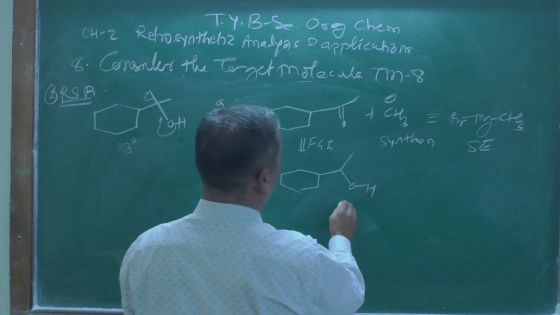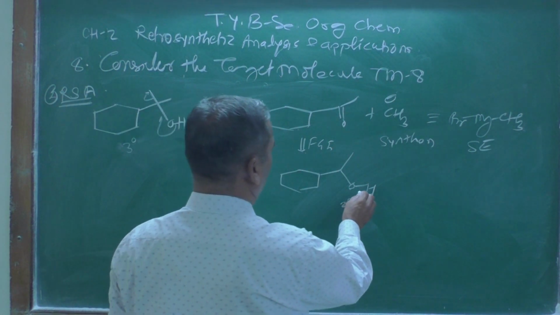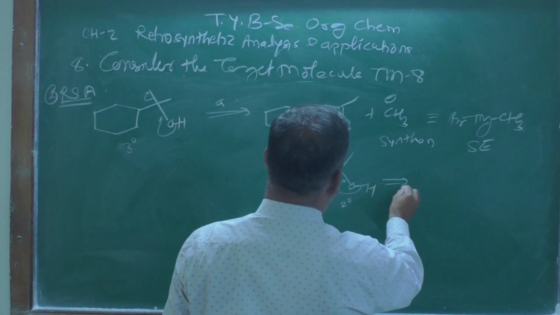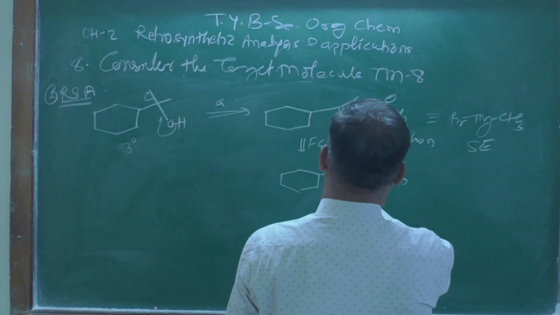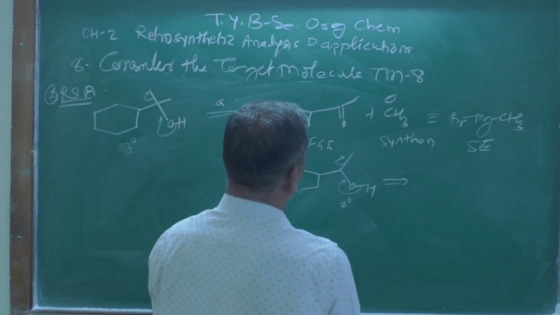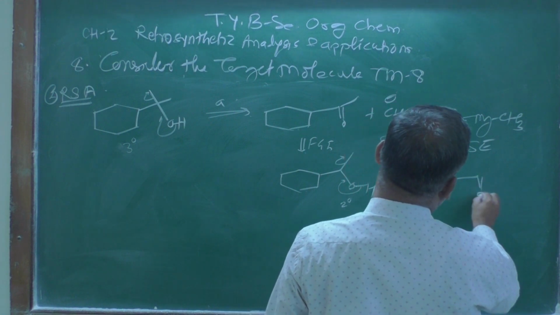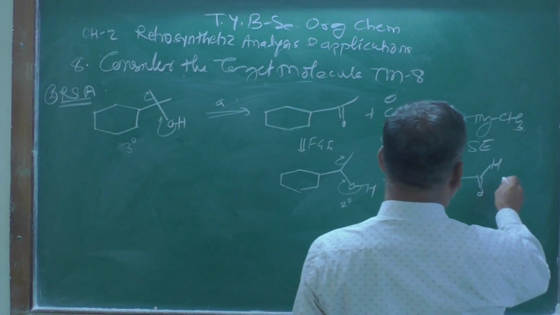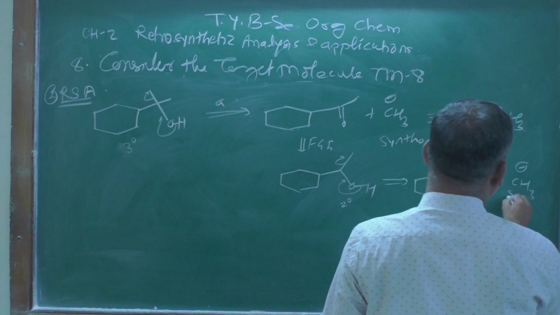After doing the functional group interconversion, you may get this one. Now it is an alcohol, but it is a secondary alcohol. There are two possibilities again. It can break like this, so that we can show the disconnection. Here you may get this type of compound, C double bond O, then H, an aldehyde type of group, and then CH3 minus charge, and this is a synthon.